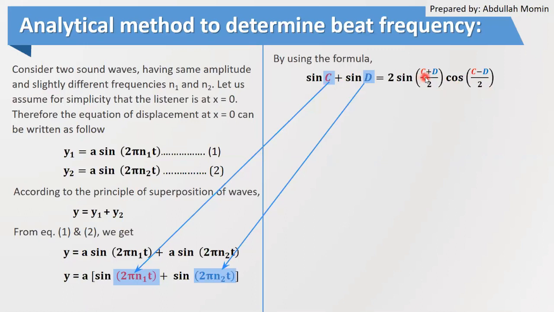Whenever C comes, we are going to put 2 pi n1t, and whenever D comes, we are going to put 2 pi n2t.